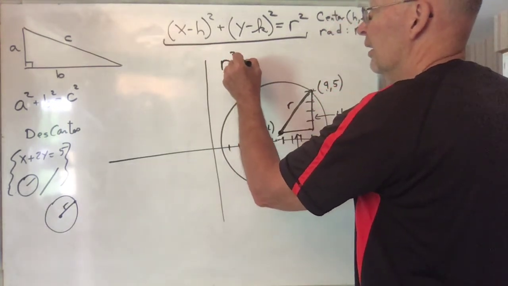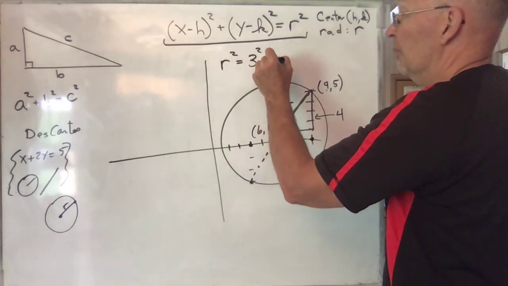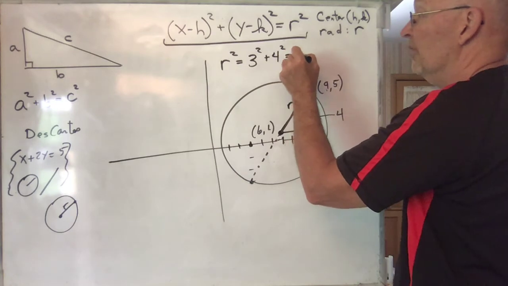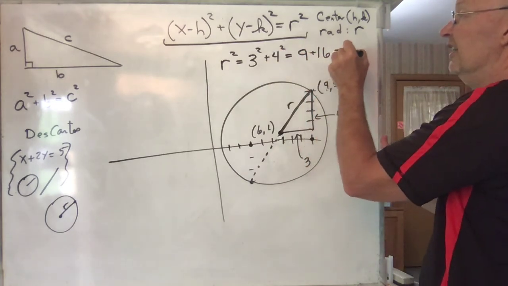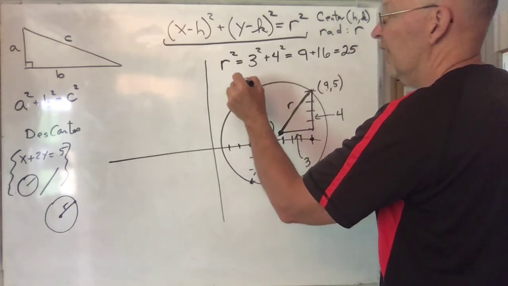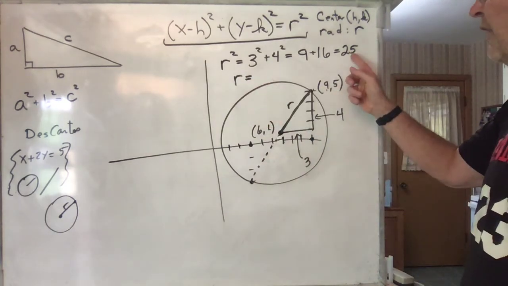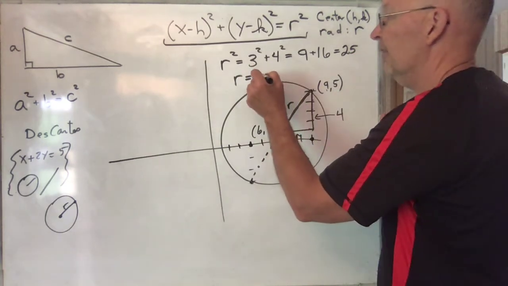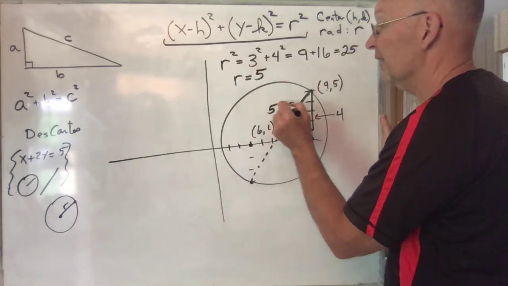R squared has got to be equal to 3 squared plus 4 squared. 3 squared is 9, 4 squared is 16. 9 and 16 gives you 25. So R times R gives you 25. What does that mean R's got to be? That means R's got to be 5. So R is equal to 5.